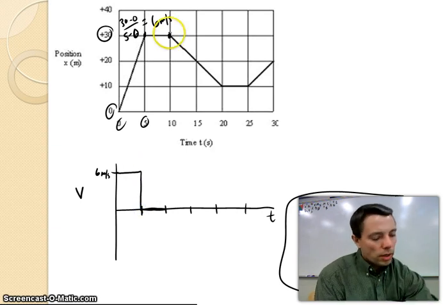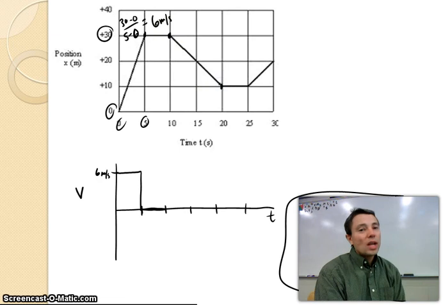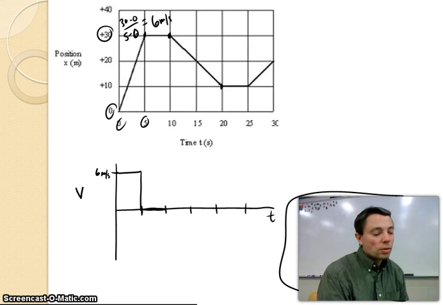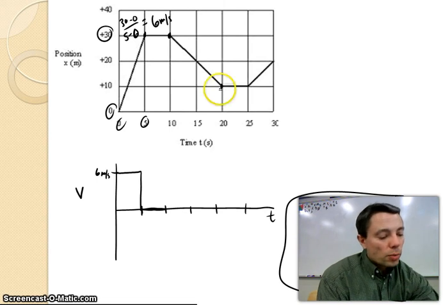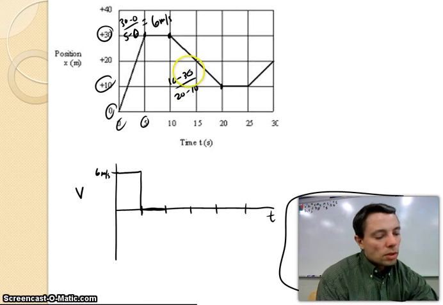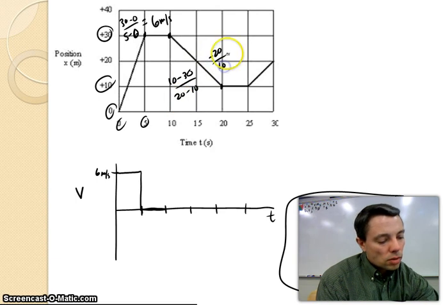Then I have this point right here, which is another slope, but notice it's a negative slope. Negative slope just means I'm driving backwards, again, back towards my starting position. My slope is going to be 10 minus 30 over 20 minus 10. 10 minus 30 is a negative 20, and 20 minus 10 is 10, so this is a negative 2 meters per second.